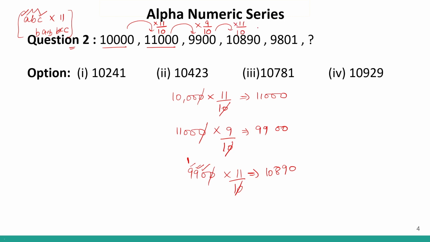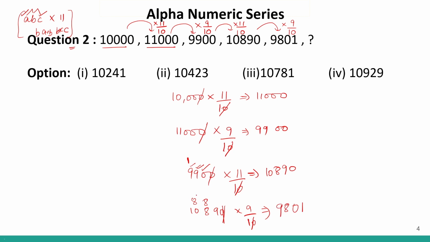Now let us multiply this again by 9 by 10, because this is the pattern. So if I multiply 10890 by 9 by 10, 0 and 0 will cancel out. So 9 into 9 is 81, 8 will be carried. 9 into 8 is 72, 72 plus 8 is 80, so 0, 8 will be carried. 9 into 0 is 0, 0 plus 8 is 8, and 9 into 1 is 9.